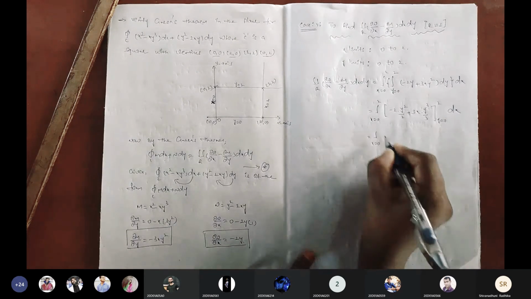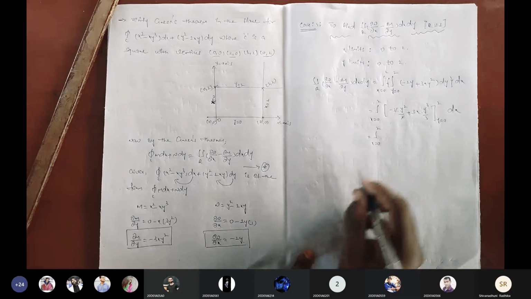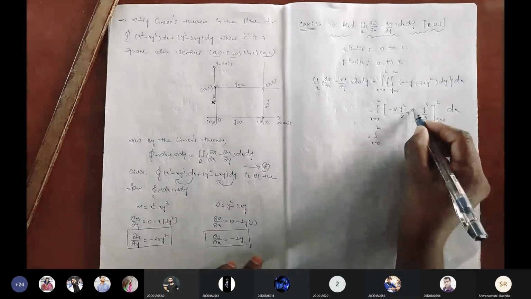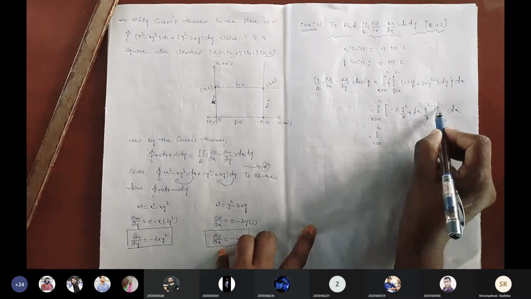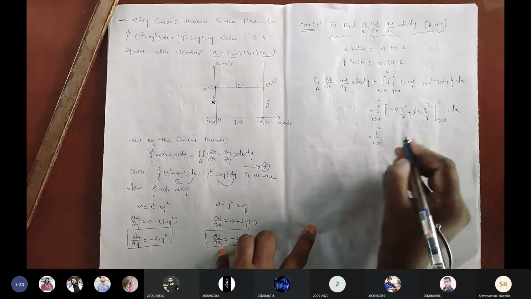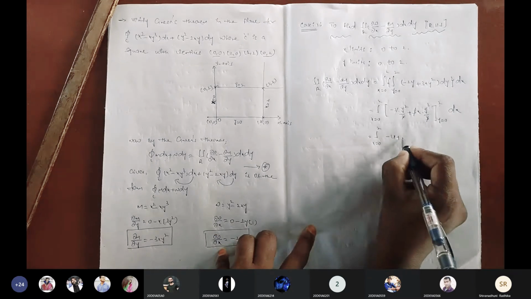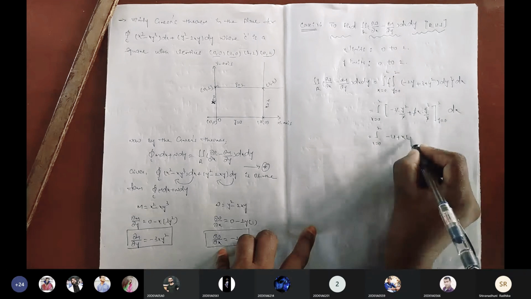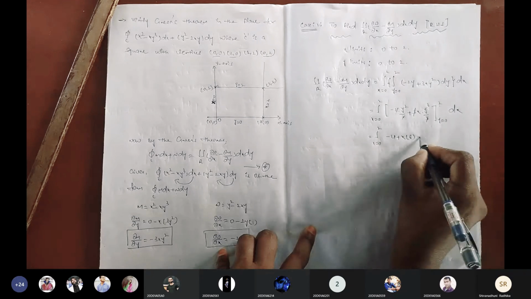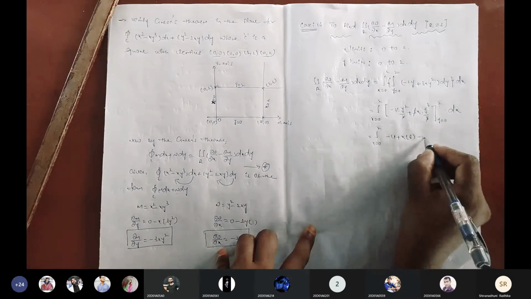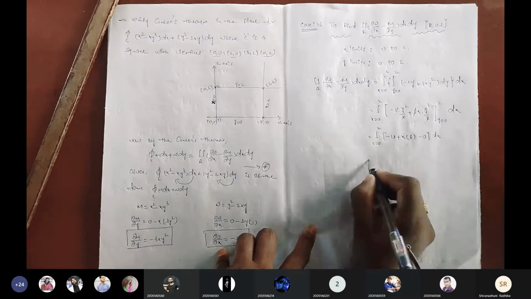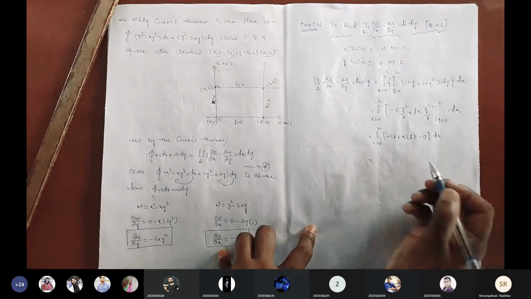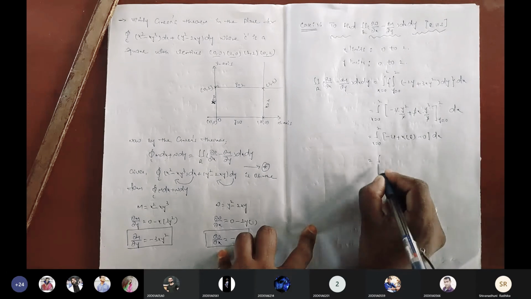Integration x equals 0 to 2. The 2 gets cancelled, and here also the 3 gets cancelled. In the place of y, we are going to substitute 2 here. 2 square, that is minus 4, plus x into 2 cube, 8, minus the lower limit, which is 0, dx. Right, all of you? And here, any simplification? There is no simplification.